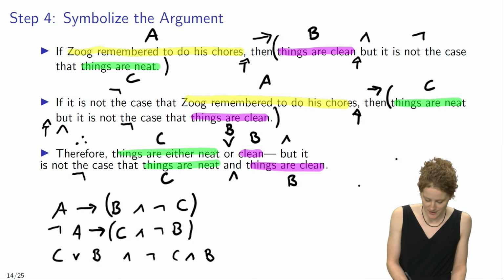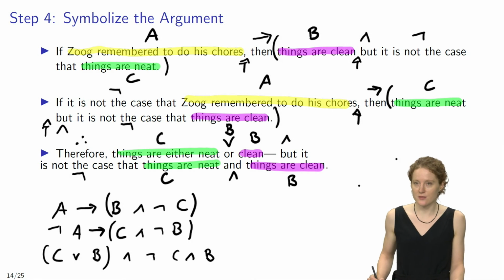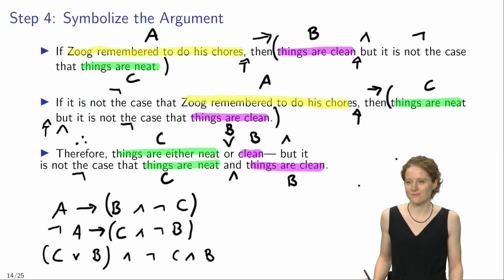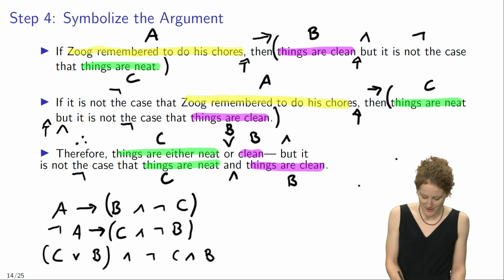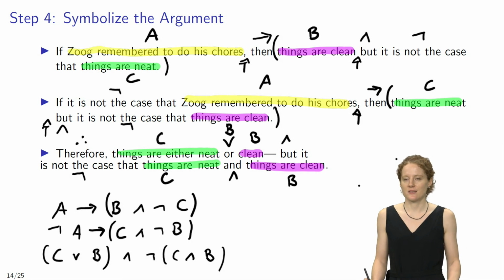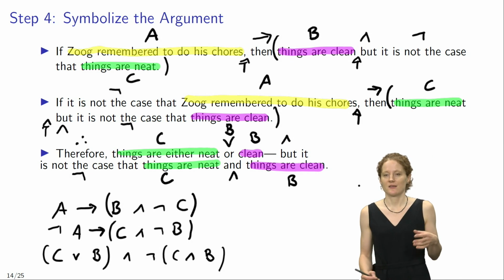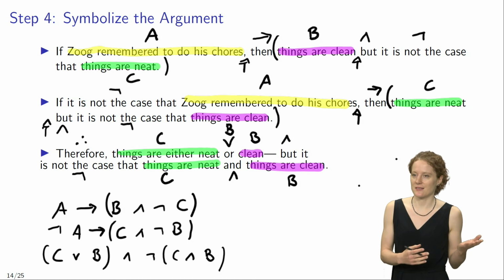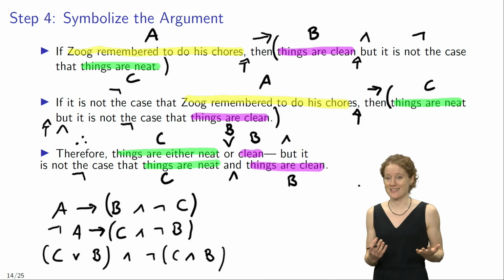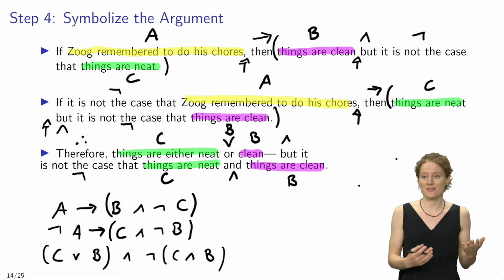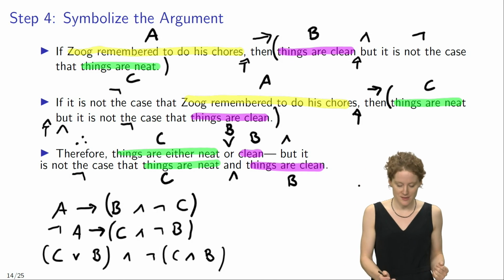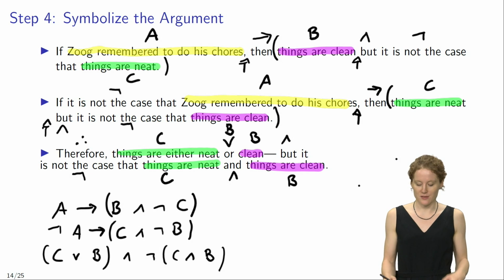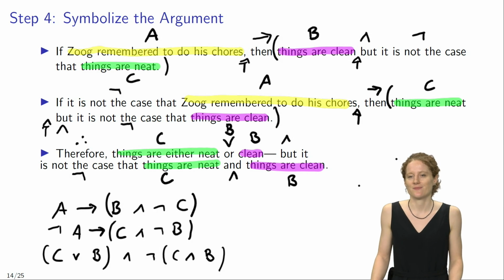And it is pretty clear that first some brackets need to go around this disjunction. And then another pair of brackets needs to go around this conjunction, since what's being negated here is that both things are neat and things are clean. So intuitively, the sentence tells us that either it's not the case that things are neat or it's not the case that things are clean. And so that means that what's negated here is the whole conjunction, things are neat and things are clean.